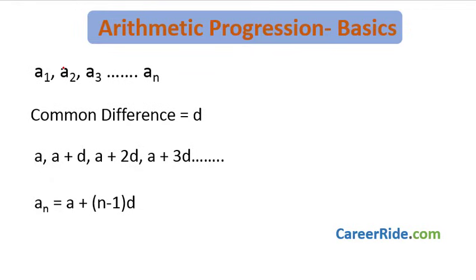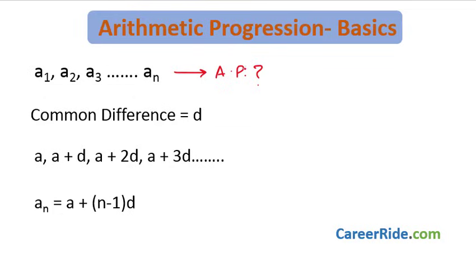Okay, so let us begin the chapter with some basics. Now suppose a series of numbers is given to you, A1, A2, A3 up to AN, for example, and you want to find out whether this given series is an AP, that is an arithmetic progression, or not.